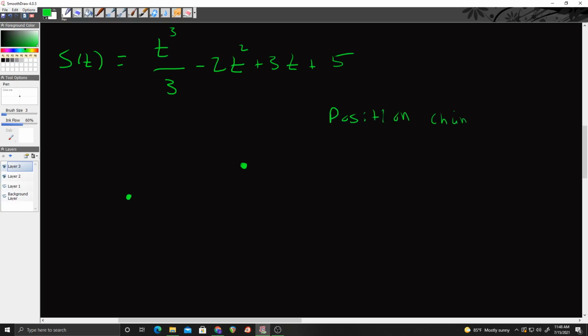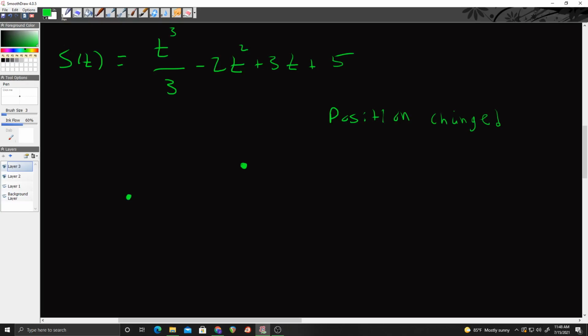Now, in calculus, we're dealing with continuous functions, so teleportation is not allowed. If I want to move this dot from here to here, it's going to take a little bit of time because it has to cover this distance, and the amount of time it takes is going to determine how fast the dot moved from here to here.